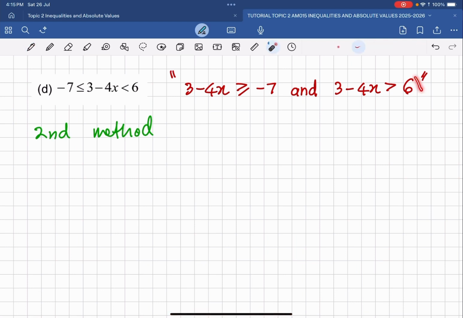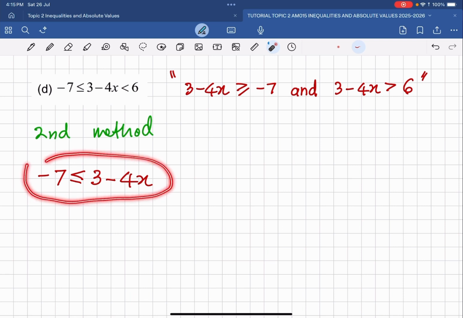We're going to write this, but most of the time my students love to just copy down. It has the same meaning if we write down negative 7 less than or equal to 3 minus 4x. It's just the same thing as this one. So you may copy down what you read, or just copy down from the compound inequality.